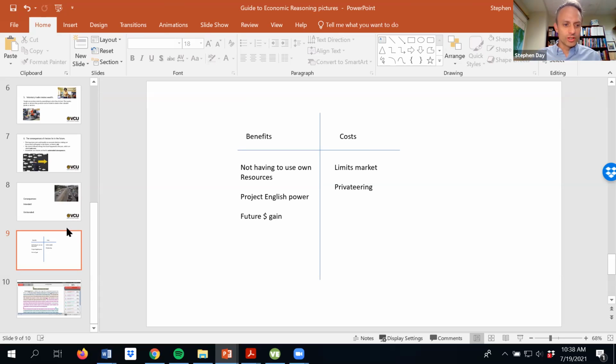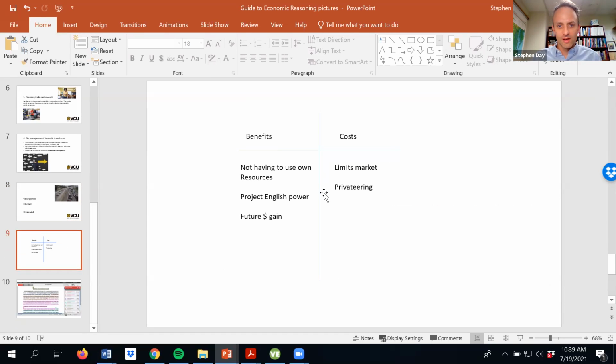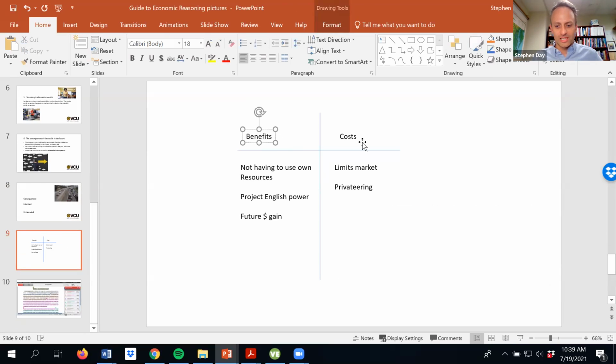Okay, now let's go over to expanding this. We can have intended and unintended consequences as a result of our choices. So what you can do is you can expand this if you want. You can make this be intended benefits and intended costs.